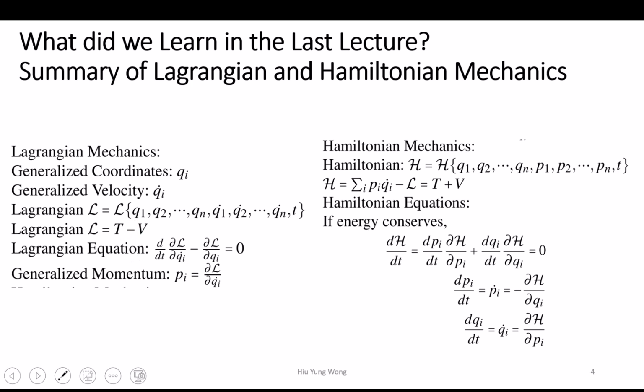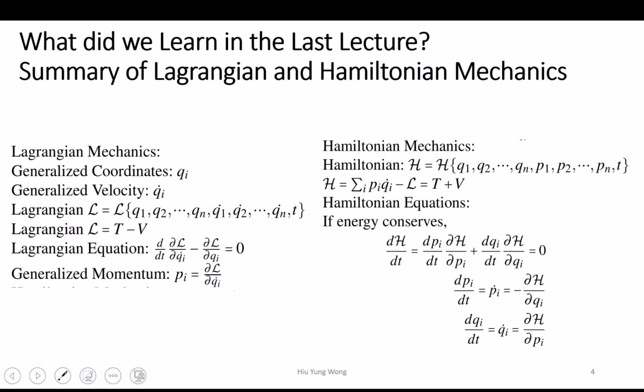Once we have this Lagrangian, what you need to do is use the Lagrange equation, which has this form: d/dt of partial L partial velocity minus partial L partial coordinates equals 0, right? And from the Lagrangian, I can also find the so-called generalized momentum.